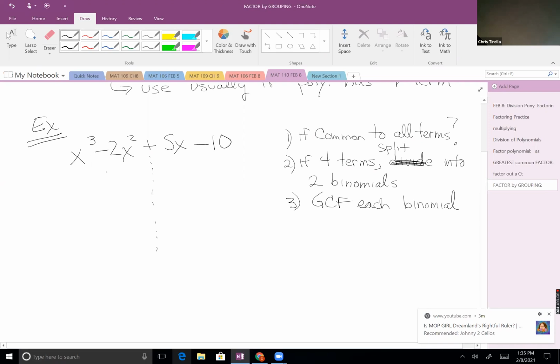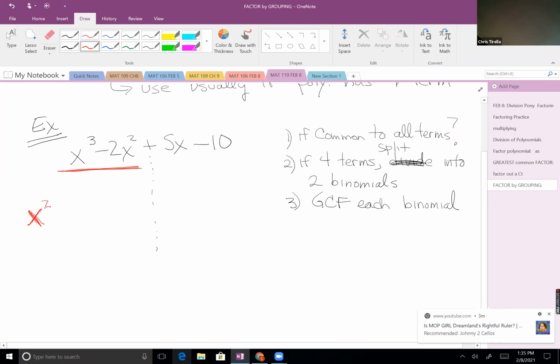So let's look at just the front part. X to the third minus 2x squared. What would the common factor be? X. Yep, and what's the lowest exponent on those x's? 2.